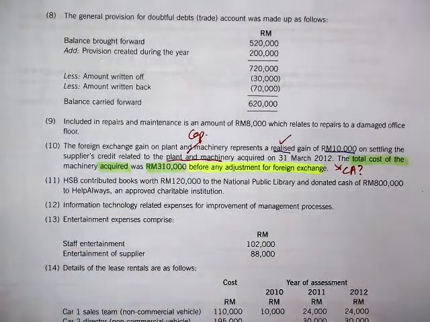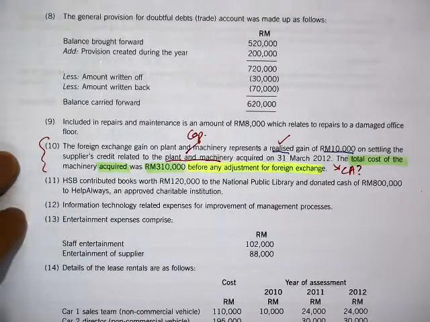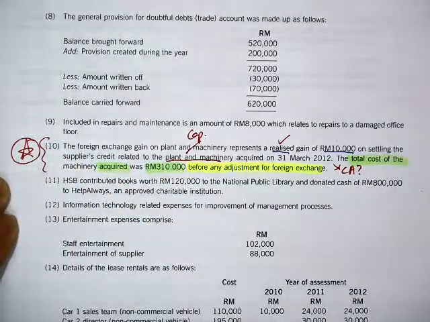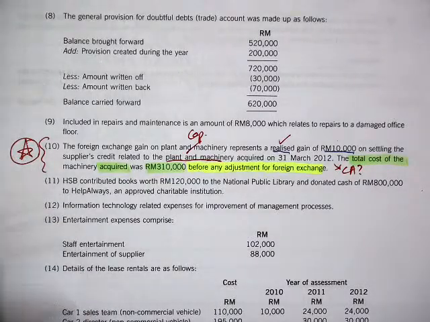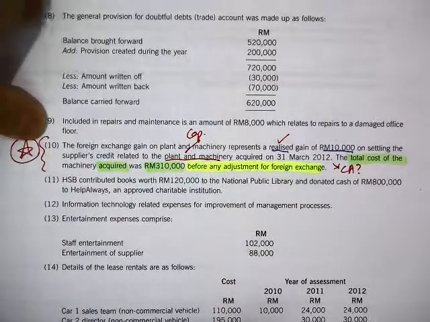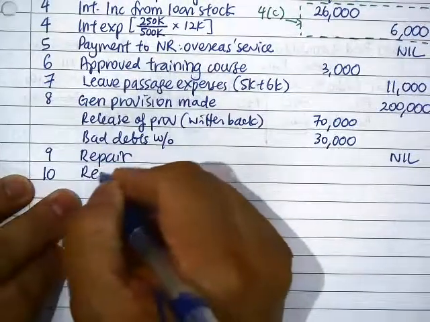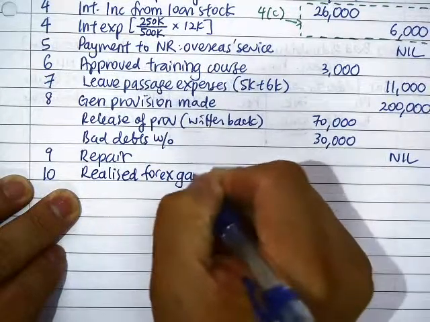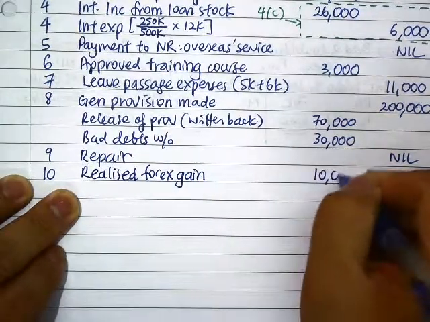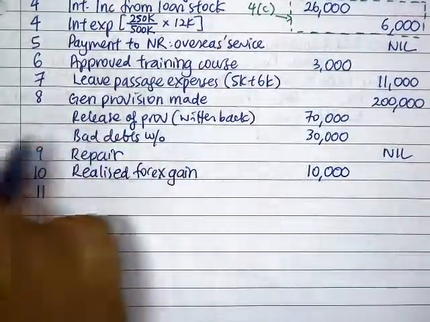I must read the question and see whether the note mentioned whether everything is taken into account. So in the exam, please put a note and remind yourself later, come back, look at this thing again. Okay? Now, so far in note 10, the issue is a realized forex gain 10,000. Okay, note 11.